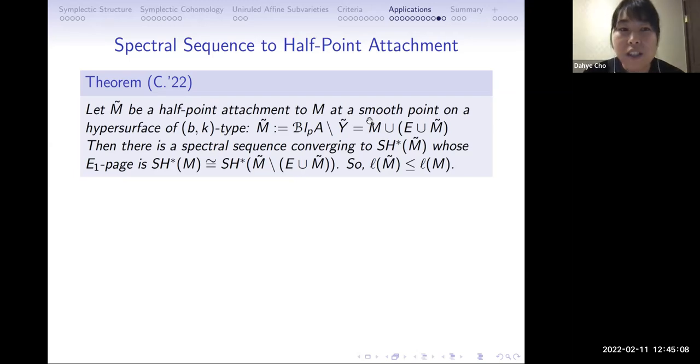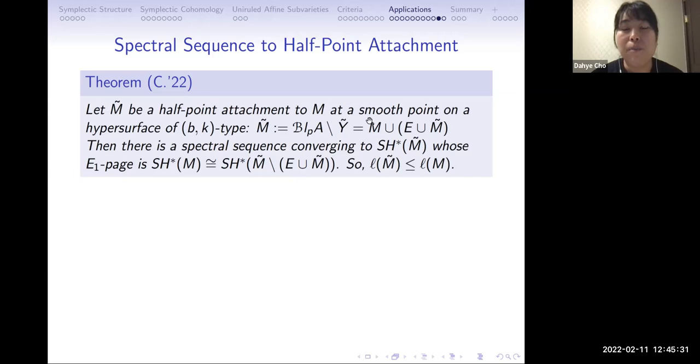So the idea is, the affine variety M we consider is A minus another divisor Y. So consider M is A minus Y, and the half point attachment is M tilde.